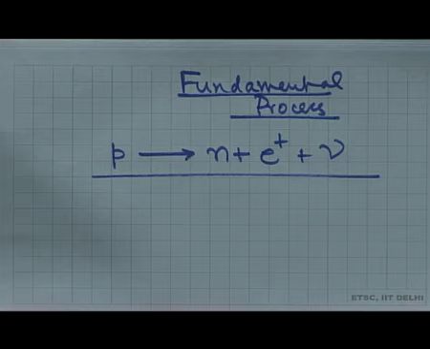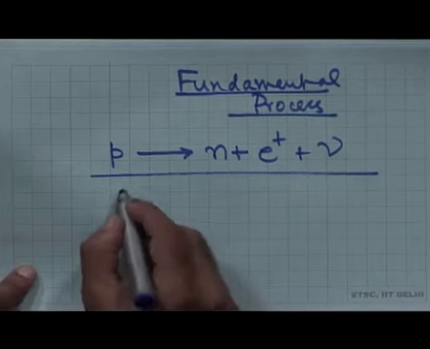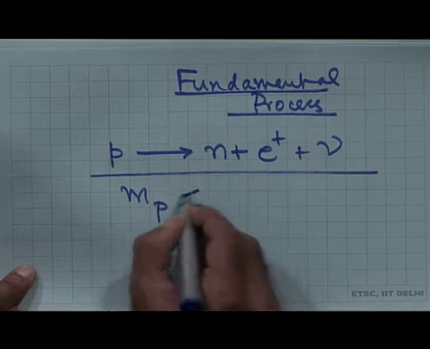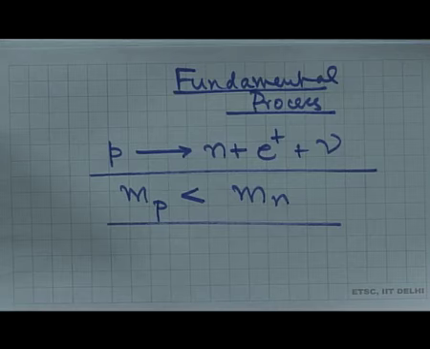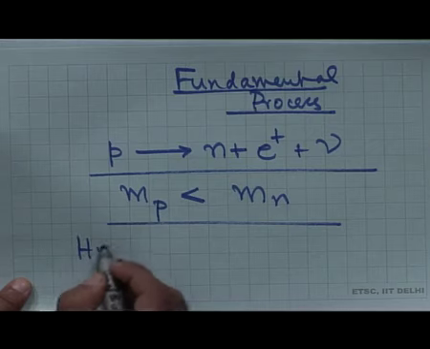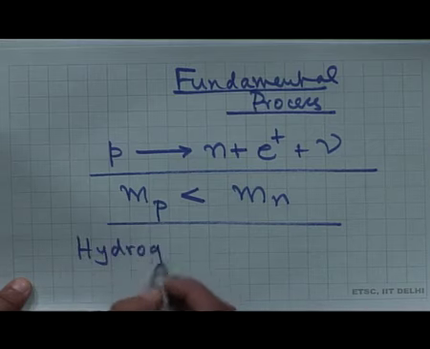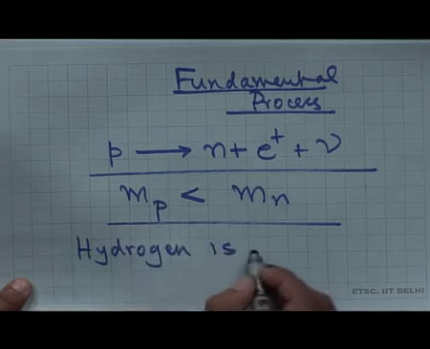Now, we are in for trouble. If you go back and look at the masses, my mass of the proton is less than mass of the neutron. That means we are not conserving energy, and of course that must be correct because hydrogen is stable.